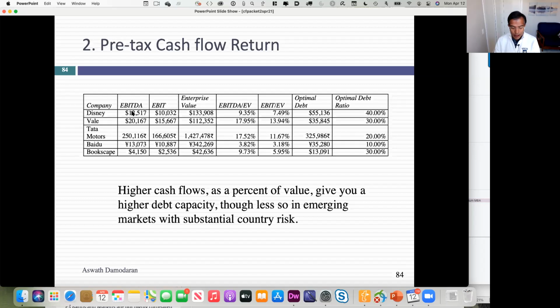If you take Disney, $12.5 billion in EBITDA as a percentage of enterprise value, it's about 9.35%. For Vale and Tata Motors, that number is closer to 18%. For Baidu, that number is only 4%. Why? Because the market value is much higher if you're a growth company. And if what you have in earnings and cash flows is a small number relative to your market value, your optimal debt ratio is going to be a low number.